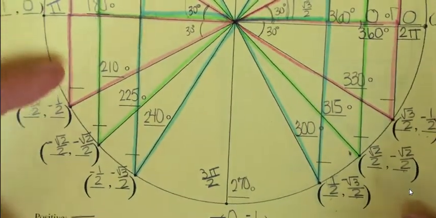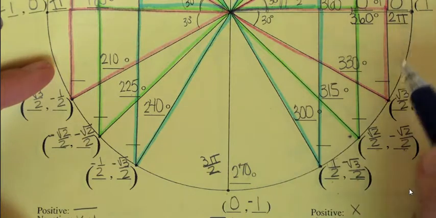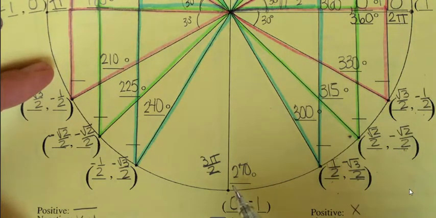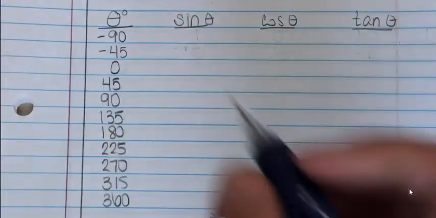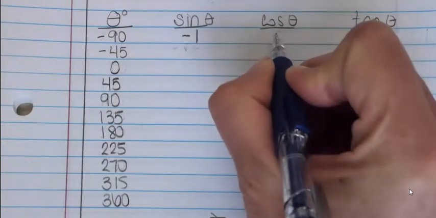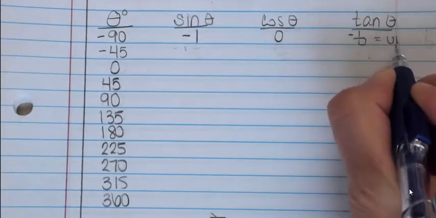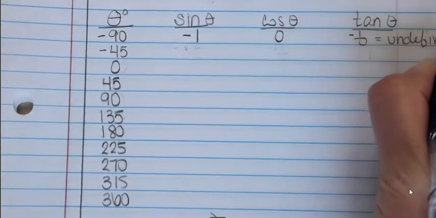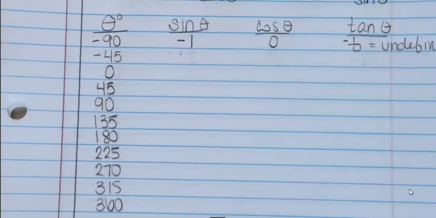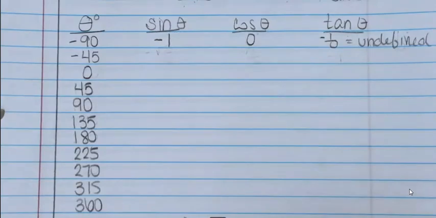But if we go to negative 90, that's really the same thing as 270 degrees. I can see that my sine value is negative 1 and my cosine is 0. If I divide those, I get undefined. So we know that we're going to have a vertical asymptote at negative 90 degrees on this graph.